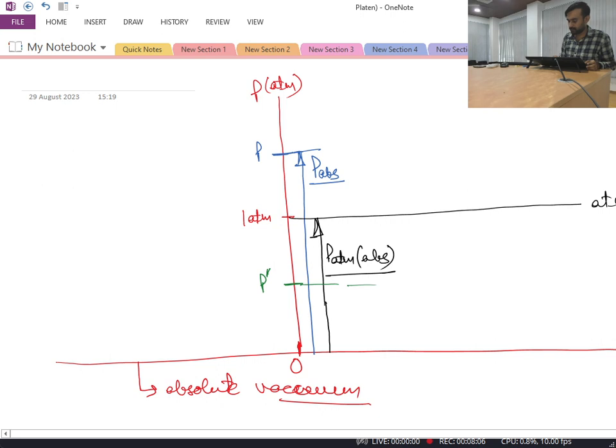When I measure this P dash with reference to the absolute 0, it is P dash in absolute scale.